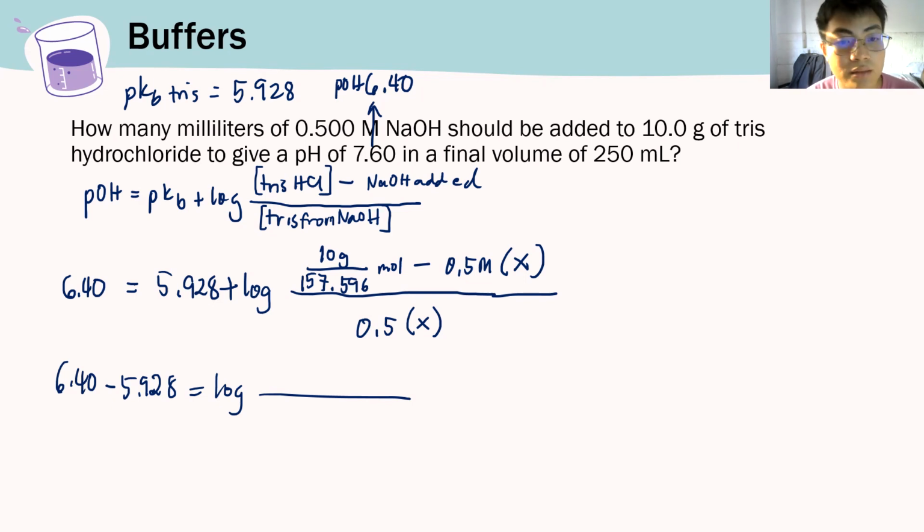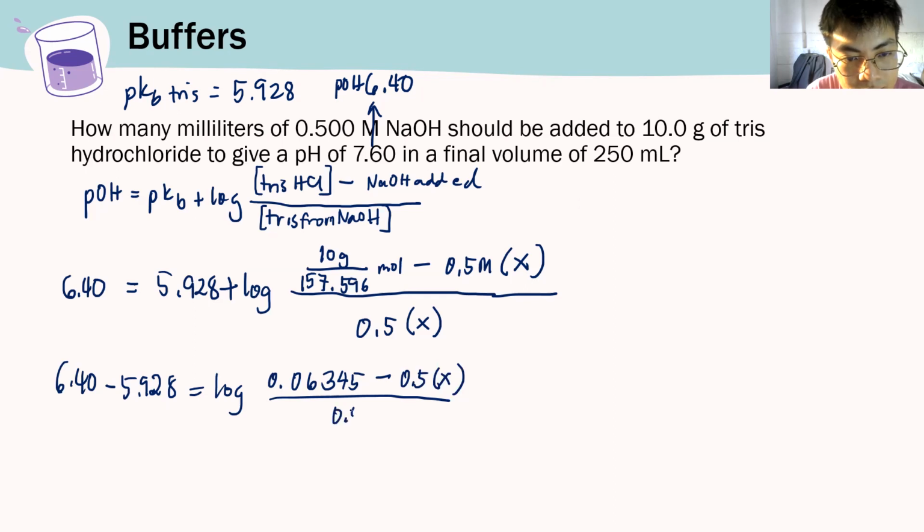So 10 divided by 157.596, I'll round off, will be 0.06345, minus 0.5 times x.